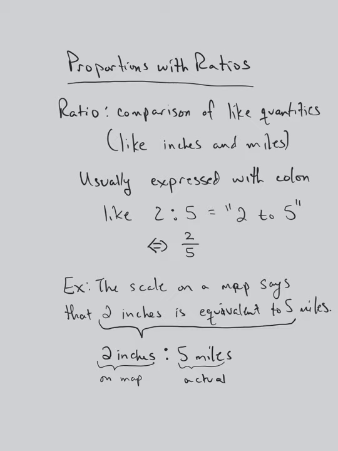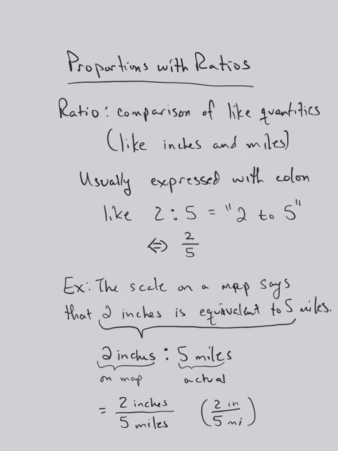Whenever you have units, you want to keep up with them. I'll show you places where we can drop them. But if we want to write that as a fraction, we would say 2 inches over 5 miles, like that. If you know abbreviations for these units, you could use the abbreviations. But if you don't know the abbreviations, just write them out in words.